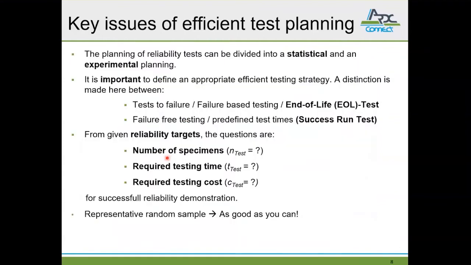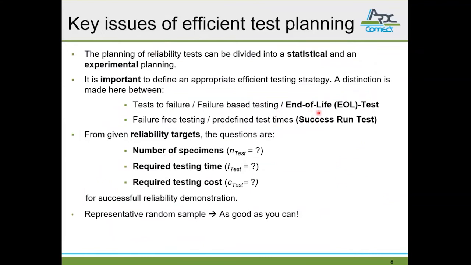So the key issue of efficient test planning is always that we want to have, let's say, the most suitable test strategy for our individual case, meaning for our individual product or process. So the first decision is always to choose either the test to failures, so-called end-of-life testing.